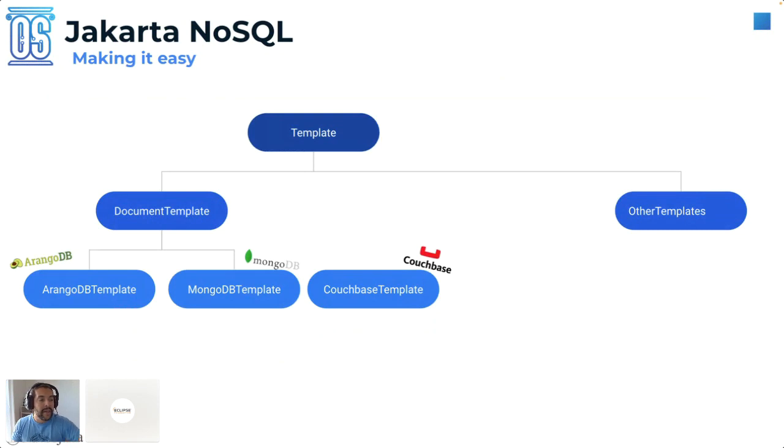On the document template, I can have multiple specializations. In this case, I have the ArangoDB template, where I have the syntax to work with ArangoDB directly, instead of using the standard way with JNoSQL, MongoDB, Couchbase, and so on. So every one will have its specialization if it makes sense.